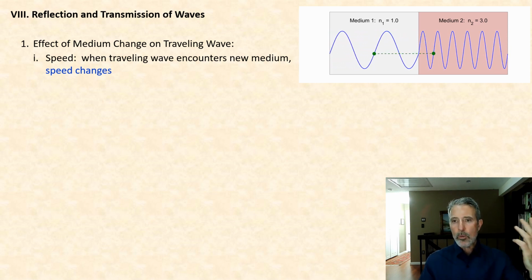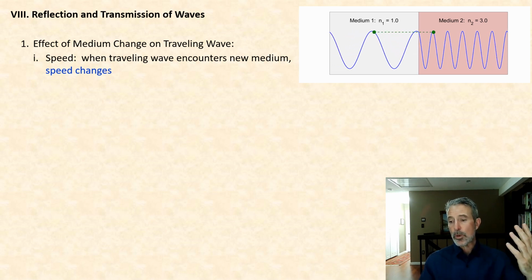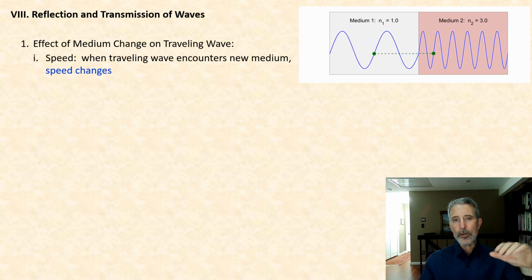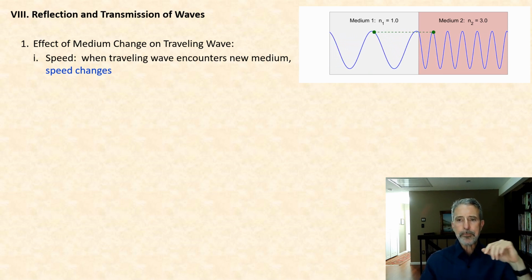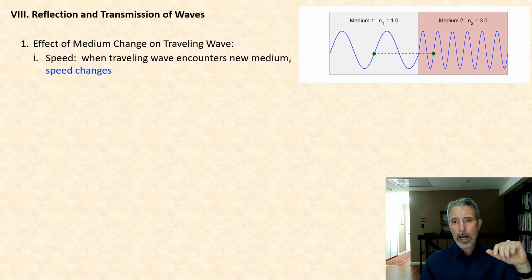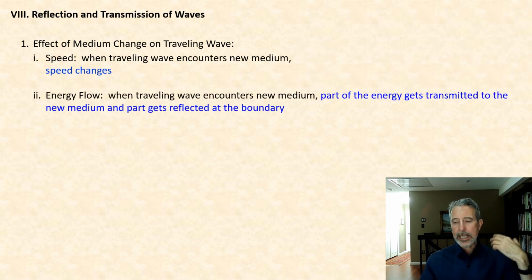But what can we say about the wave's energy? Since that's what waves are really all about, they're means of transporting energy from one point in space to another. Well, it turns out that when a traveling wave encounters a new medium, part of that energy gets transmitted to the new medium and part of it gets reflected back into the incident or original medium.